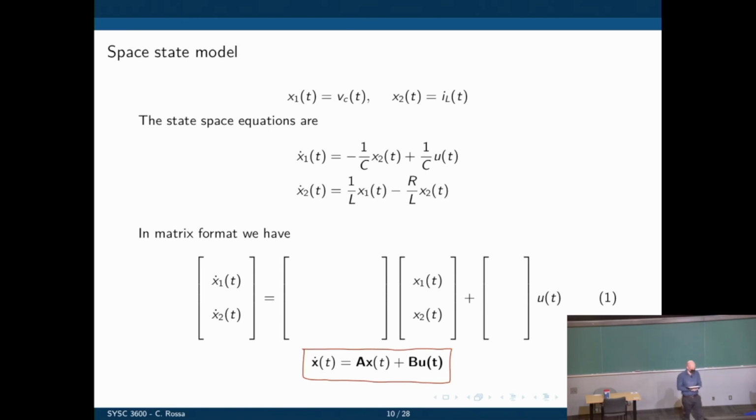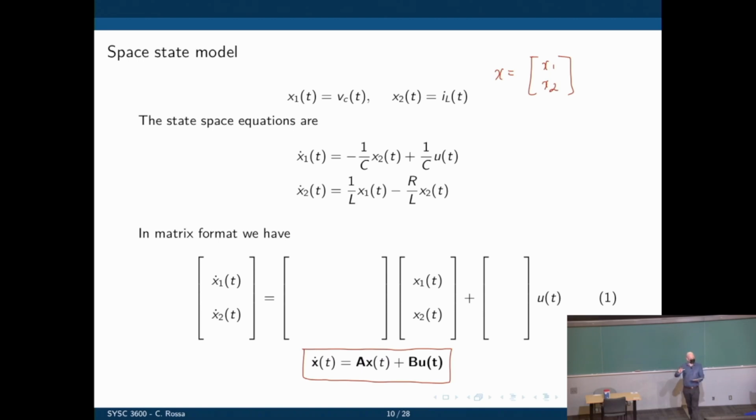So what do we see there? x dot is the derivative of our states. Remember that x is defined as x1, x2. We want that to be equal to a matrix times the states, so that's the state matrix we'll call A, plus B times u, another matrix times the input.